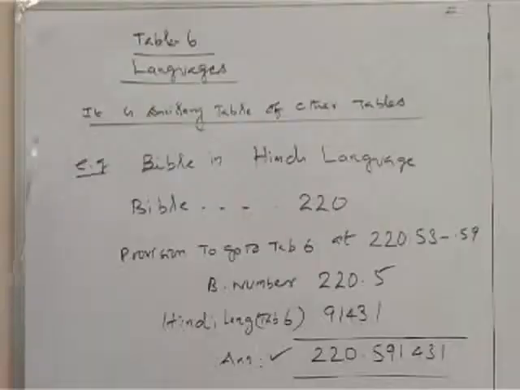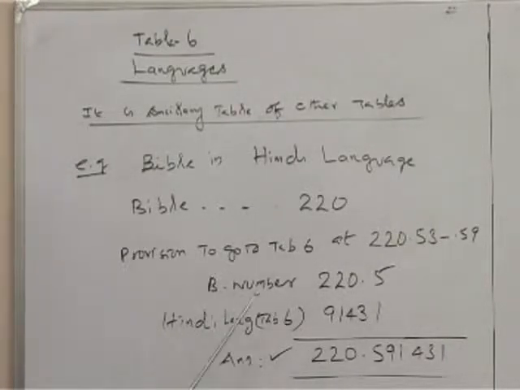That's all. So let us move to the other table, table 6, languages. Go to page number 418. There you can find languages. Let me explain with an example here: Bible in Hindi language. The subject is Bible, 220. But to go to table 6, the provision is available only at 220.53-59.